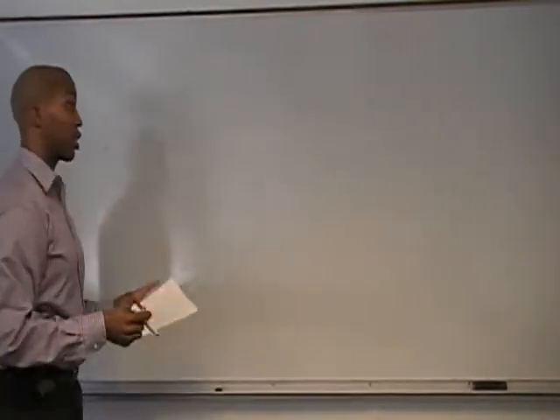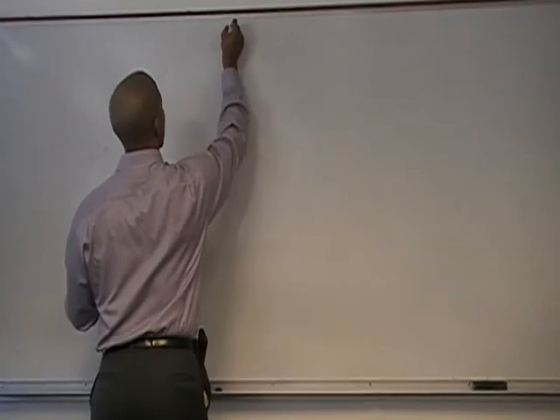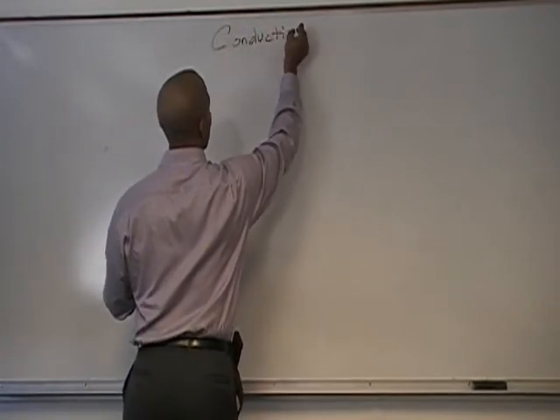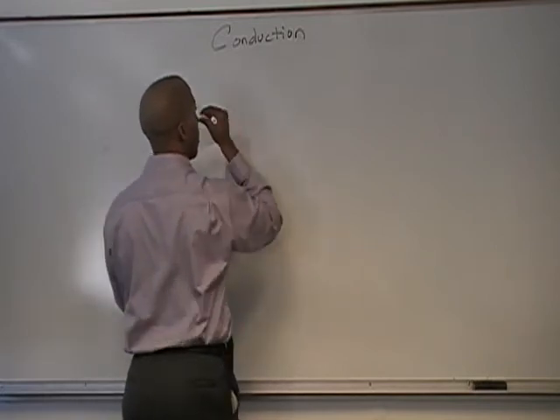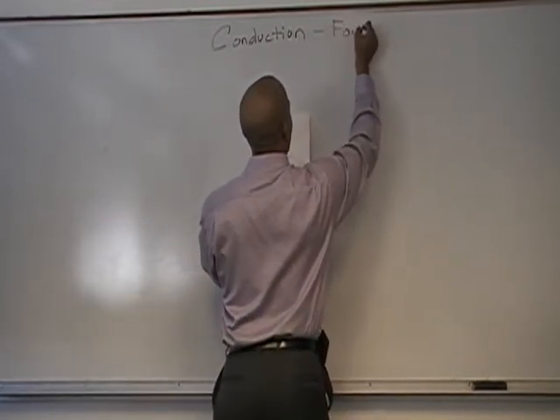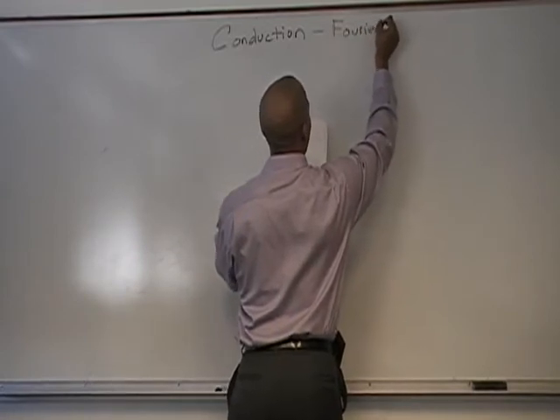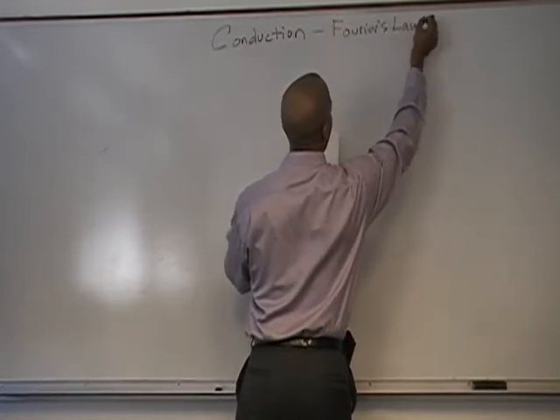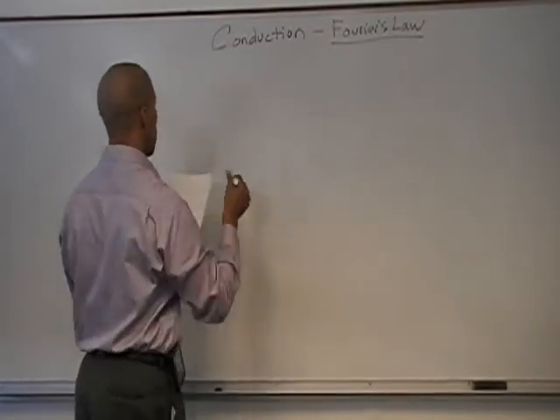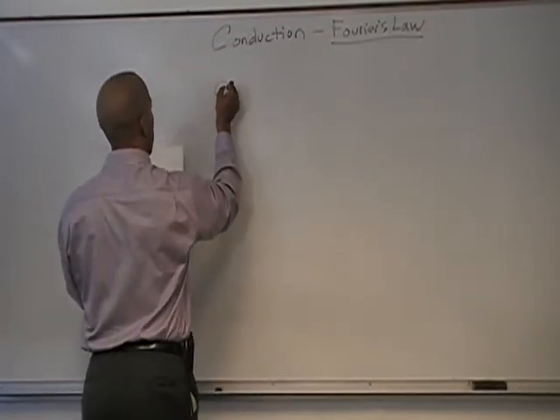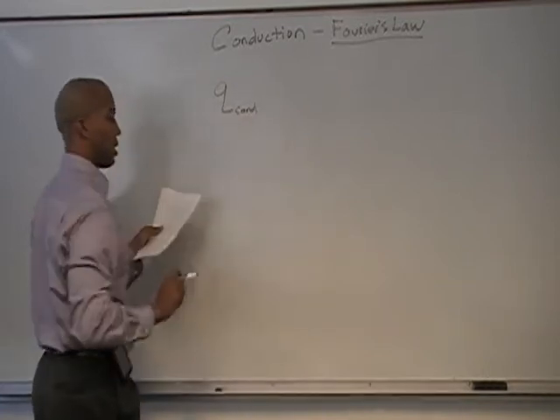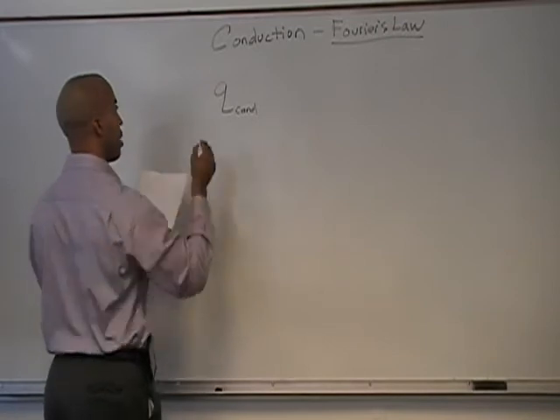So let's start with conduction. The rate equation for conduction is called Fourier's law. Fourier's law is written as such. So we have this Q, conduction. This Q represents heat rate.